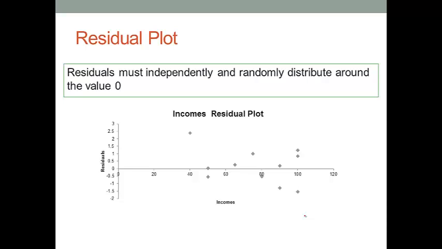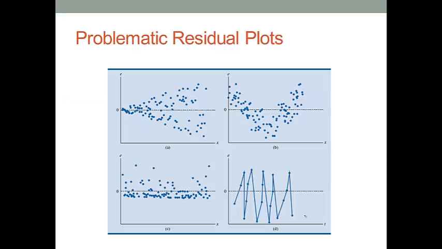Let's see some bad residual plots. These are bad examples. As you can see in chart 1, you have a pattern, right? The dots on the left side are more intense than the dots on the right side. In the second chart, you also have a U-shaped pattern.